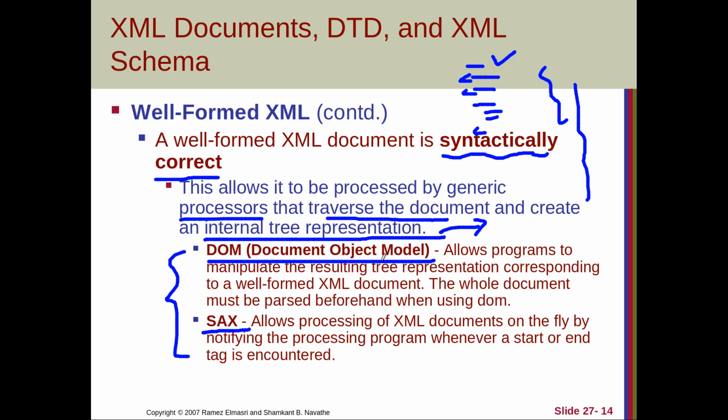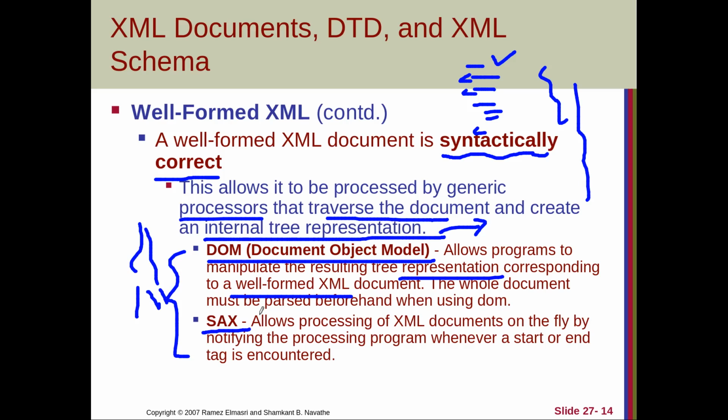DOM is a part of the processor that allows programs to manipulate the resulting tree representation corresponding to a well-formed XML document. It will process the tree, manipulating the resulting tree that was generated from an XML document, based on the tree hierarchy.